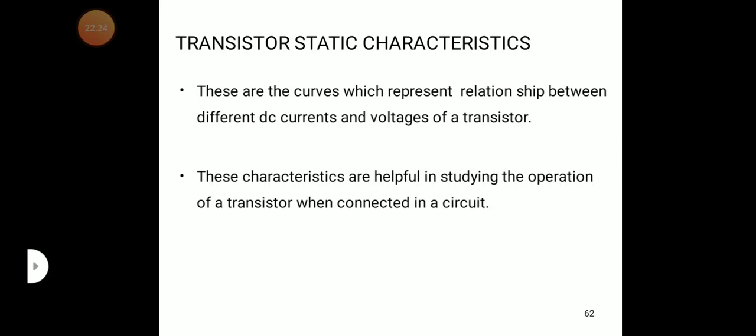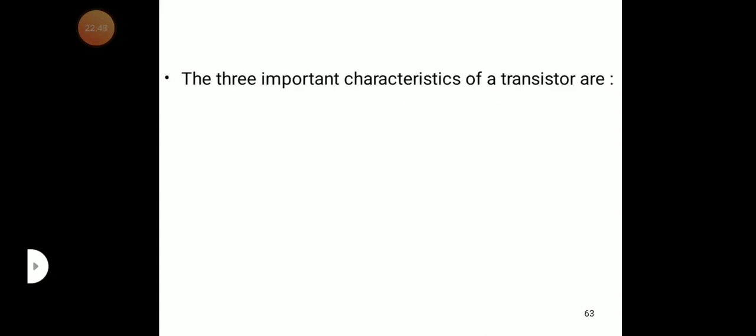These characteristics are helpful in studying the operation of a transistor when connected in a circuit. How you know the operation of the transistor depends on the characteristics. We can know the operation of the device by studying its characteristics.